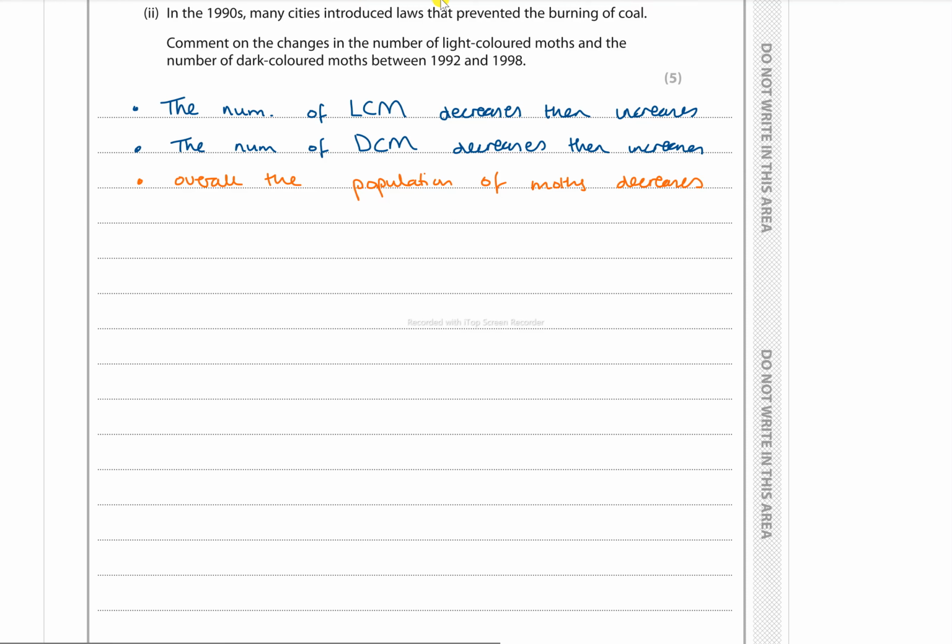We can then continue making a statement. Right. Why do you think the overall populations decreased? This may be due to more predators. That's called predation.